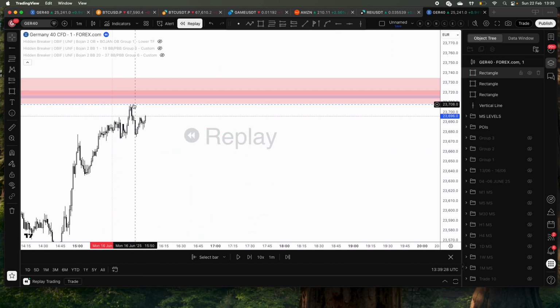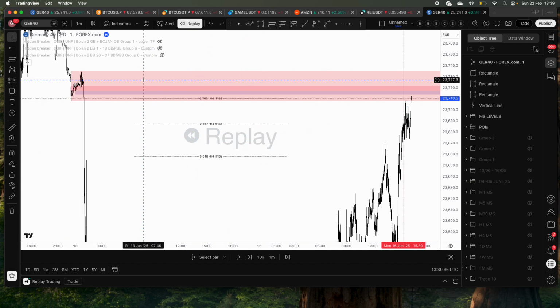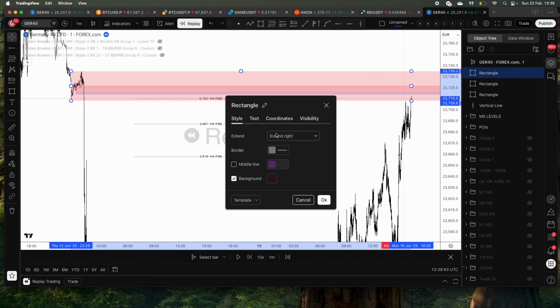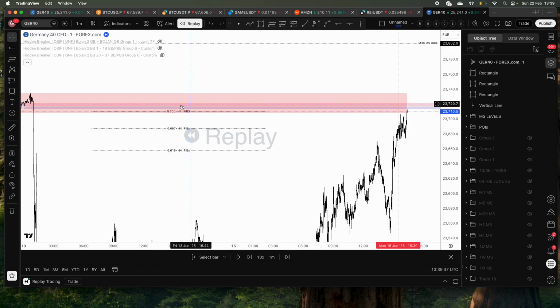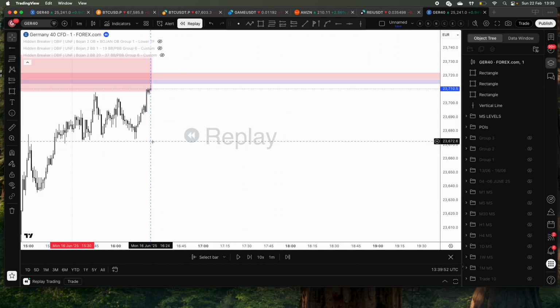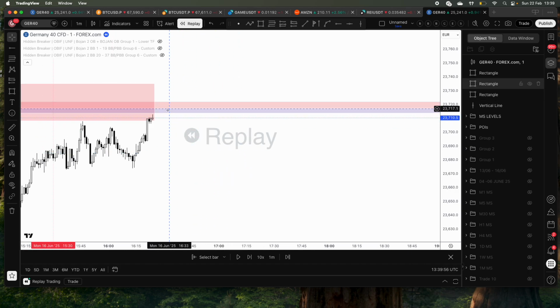So, start of an inducement of the supply zone, we proceed, we now tag into our supply zone, so we now know that we're distributing. So this is a distribution within a 45-minute order block of inefficiency backed by the 705. But because we have been able to identify using the indicator a more refined inefficiency, this is the area I'm interested in getting hit before I take the trade.